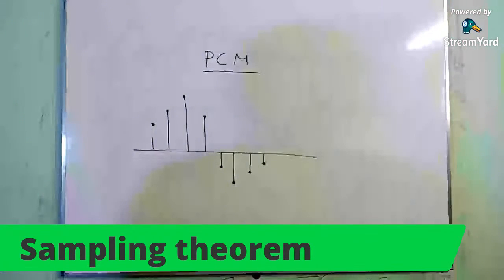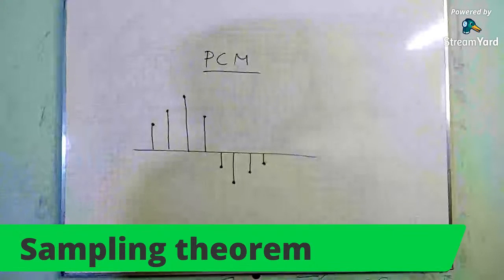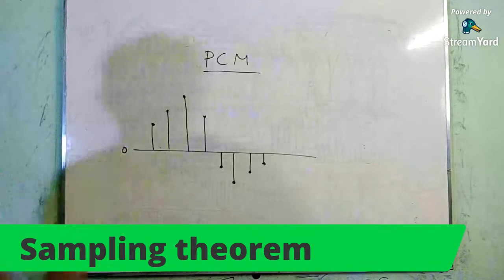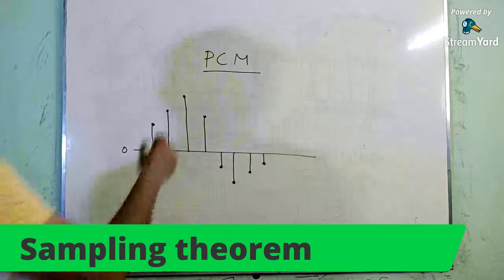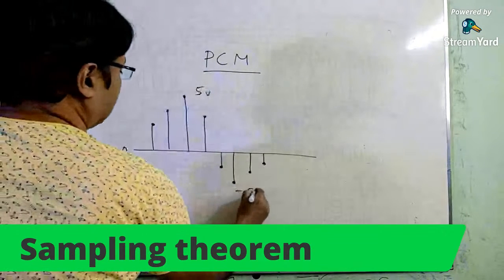Now, the result of sampling is a series of pulses. So this is the series of pulses with amplitude varying between the maximum and the minimum values of the signal. Let it be +5 and this is -5 volts.